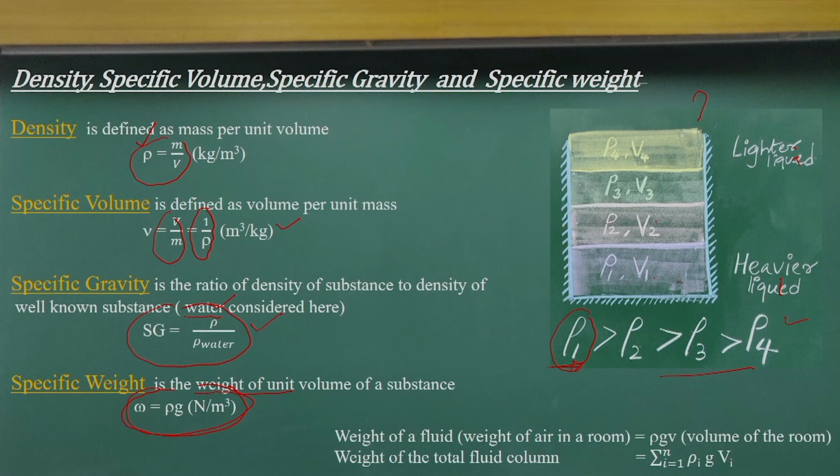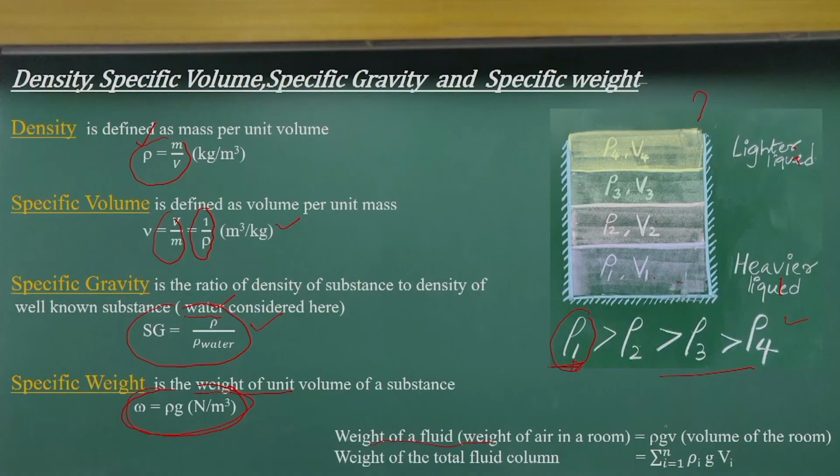Like for example, what is the mass of air in this room? I can get the density of the air and the volume of this room, multiply them, and I will get the mass.